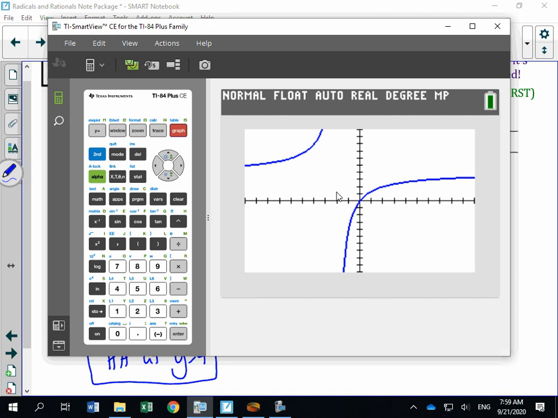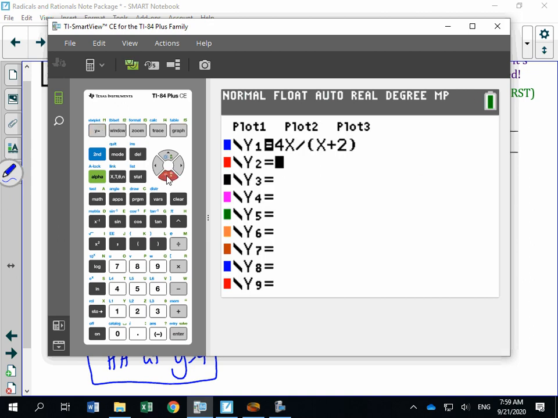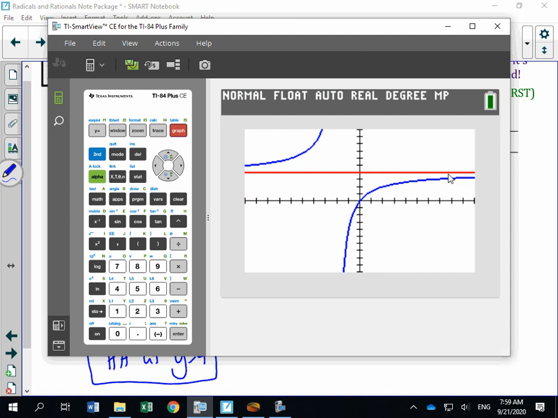Okay, so that's for my non-permissible value in the denominator. And then at y is equal to 4, and I'm going to put this line in, at y is equal to 4, there's a horizontal asymptote that my graph approaches, but it does not touch and it does not cross.